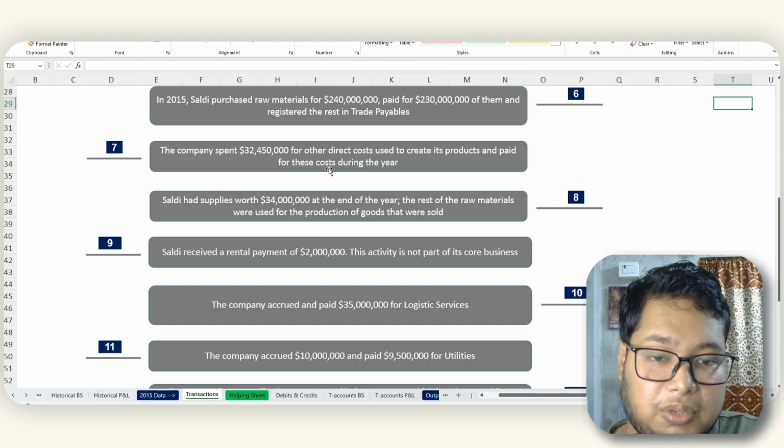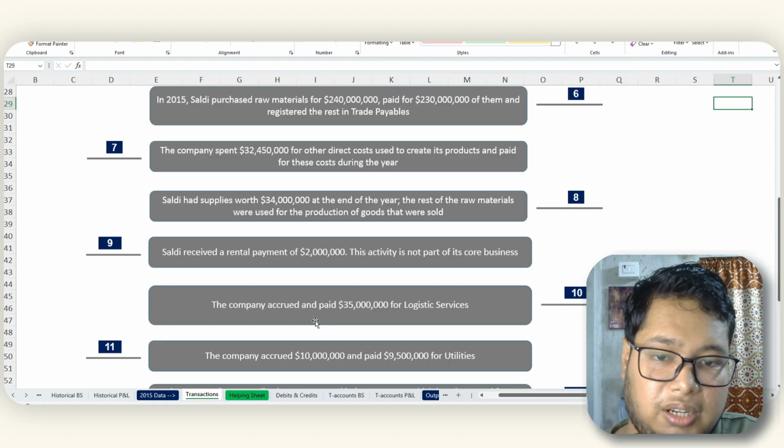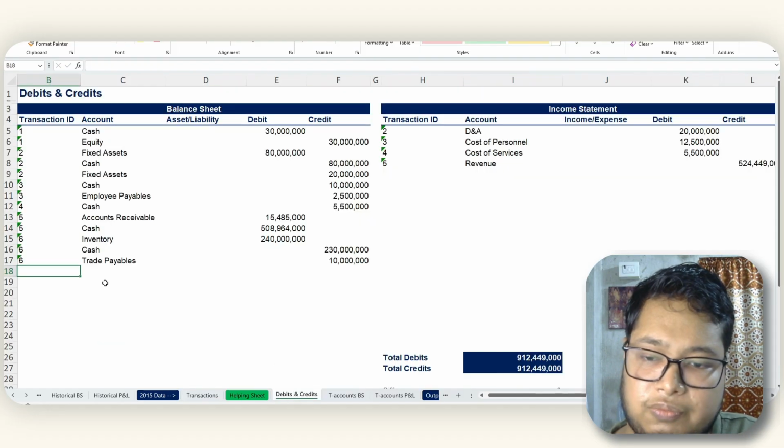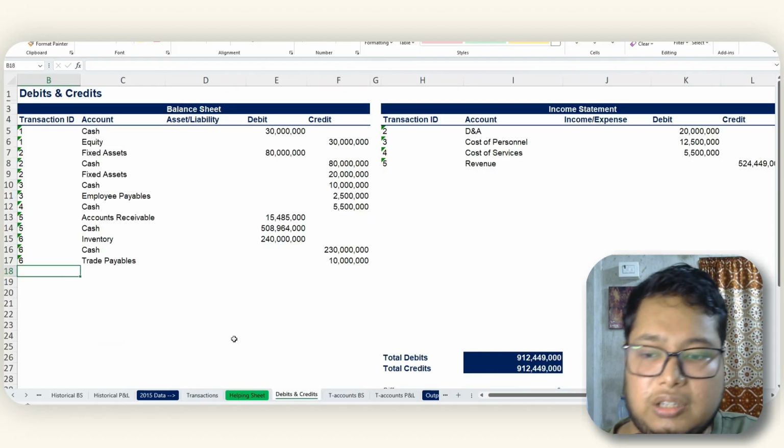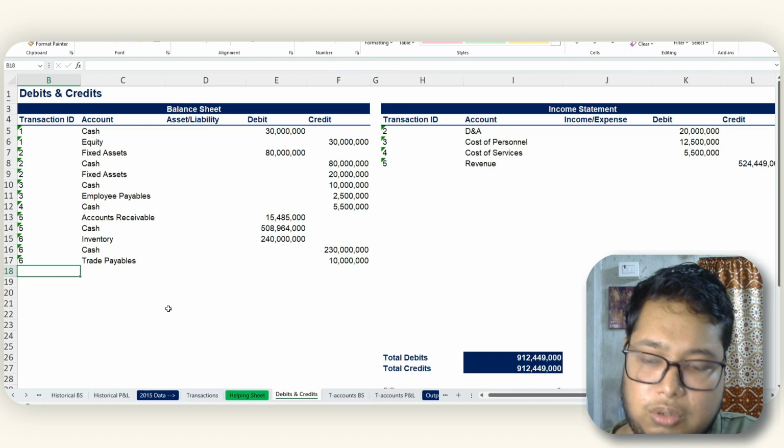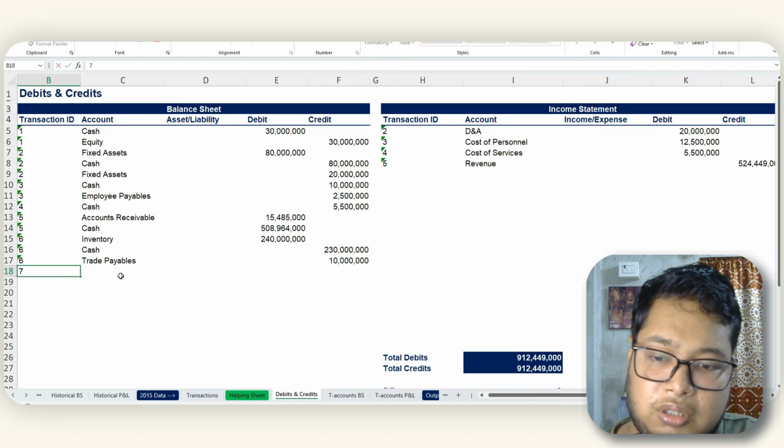The company used that much money for other direct costs used to create its product, and paid for this cost during the year. So they have paid, right? And the cash movement will be done, and it is an expense, which is showing other direct cost. So that's other direct cost, operating expenses, like that. Cool. So transaction 7, obviously.